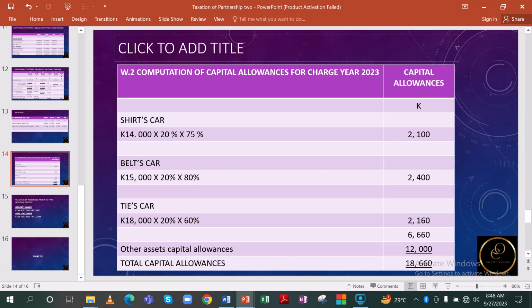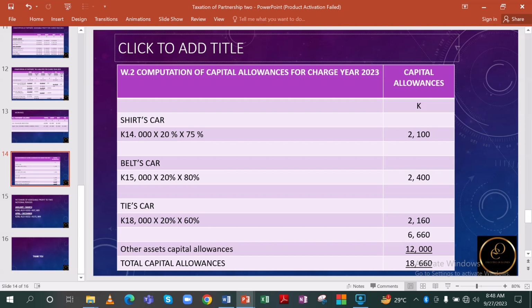You're going to arrive at 2,100 on account of Shed's car. Then we have Belt's car, 15,000 original cost, capital allowance for non-commercial vehicles 20%, and Belt only used it 80% for business. So the business proportion will lead us to 2,400.